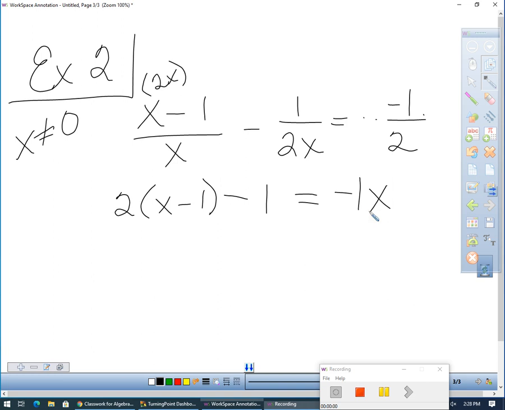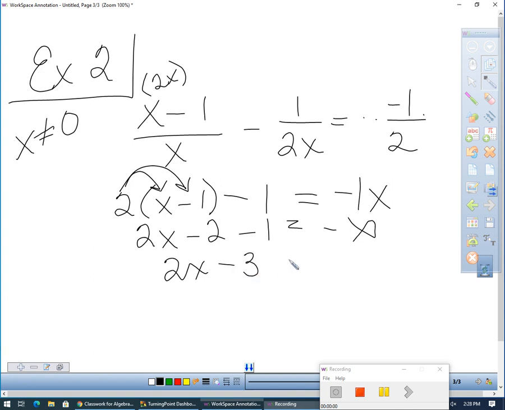Okay, let's go ahead. Let's distribute. 2 times x is 2x. 2 times negative 1 is negative 2. Minus 1 equals negative x. Combining like terms on this side, I get 2x minus 3 equals negative x. I'm going to go ahead and subtract 2x to the other side.